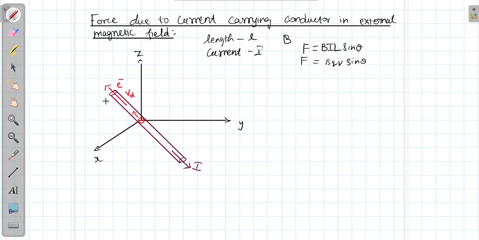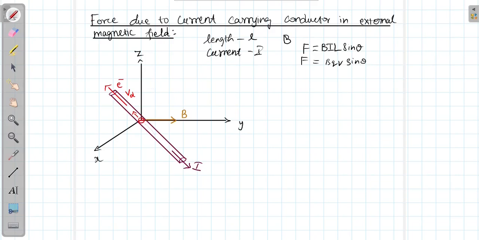Magnetic field is along the y direction, pointing in this direction. Using Fleming's law, right hand rule.